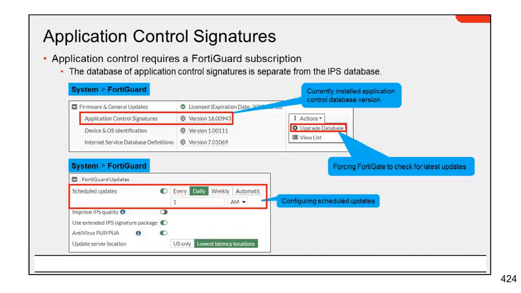And again, the question rises: why do I need that? Even if it is 16 or 18 or 20, how does it matter to me? It matters because you first have to check what is the latest database running right now. Let's say, for example, on the internet the latest application database is 20, and you are running 16, so you are four versions behind.